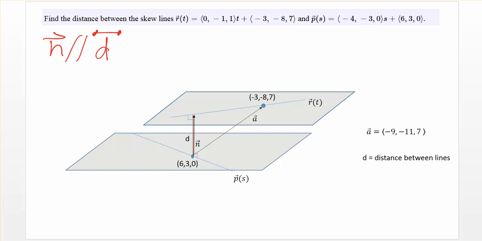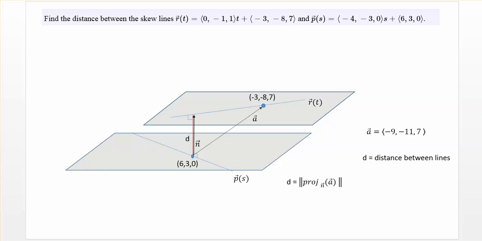Now, this vector that is parallel to the distance allows us to do mathematical operations that we have learned. So now we have two vectors: the vector A and the vector n. The vector n is parallel to the distance, and the vector A may or may not be. In our picture, it does not appear that it is.